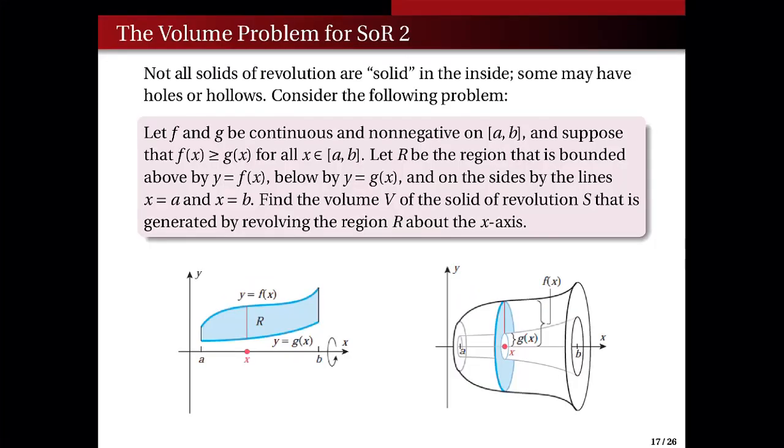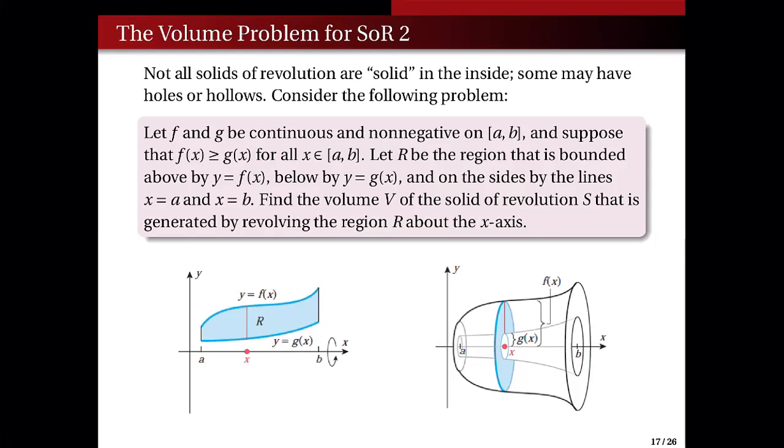So for this, let f and g be continuous and non-negative on [a, b]. Suppose that f of x is greater than g of x for all x in the interval [a, b]. So remember this region here. We discussed this last time.